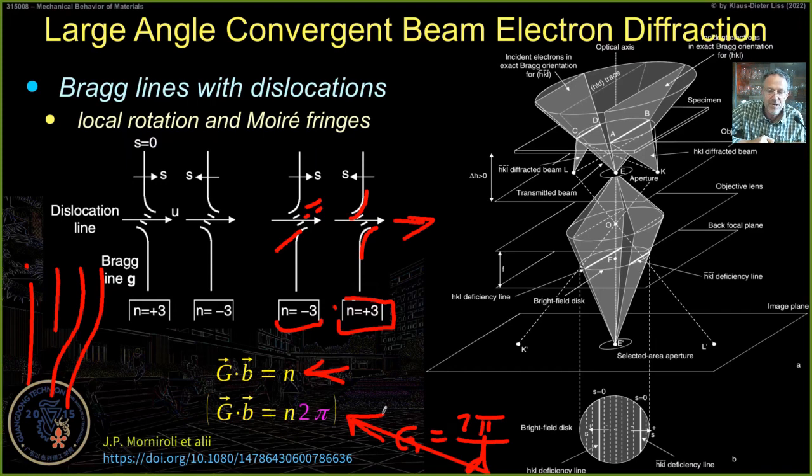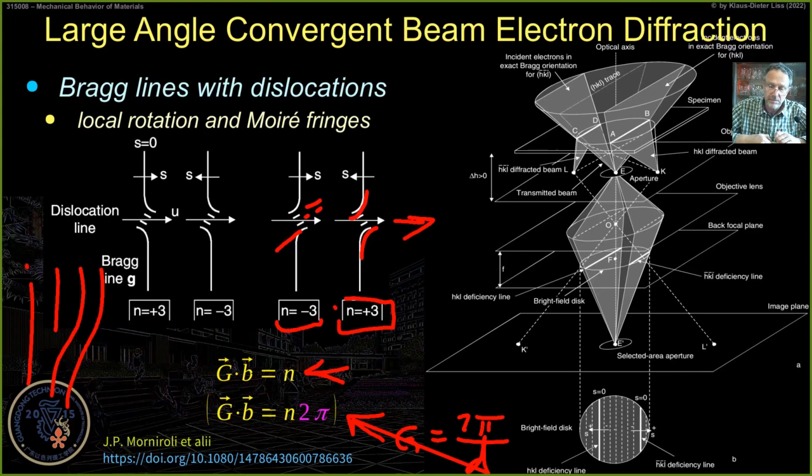Depending on the convention of the reciprocal space vector G, whether you have 1 over D or 2 pi over D, if it's 2 pi over D, you have to put the 2 pi in again. But this G dot B gives a fringe number n.